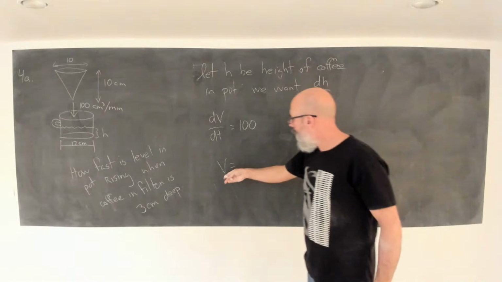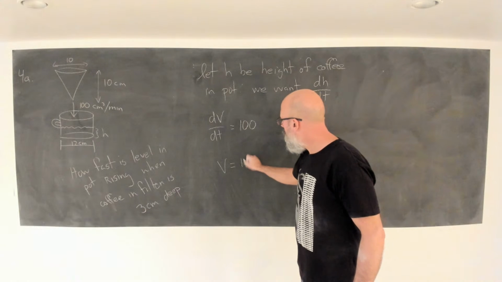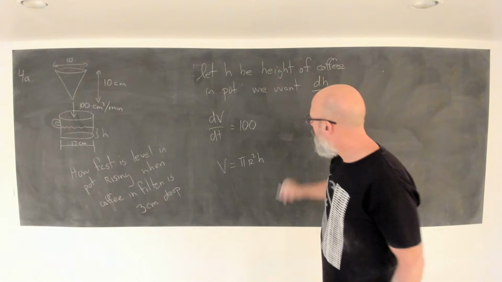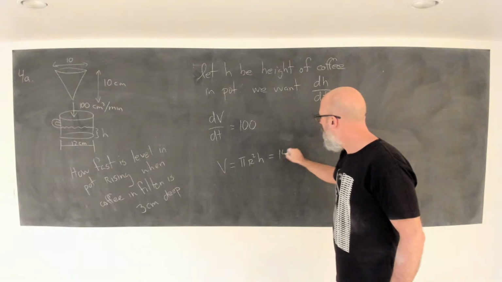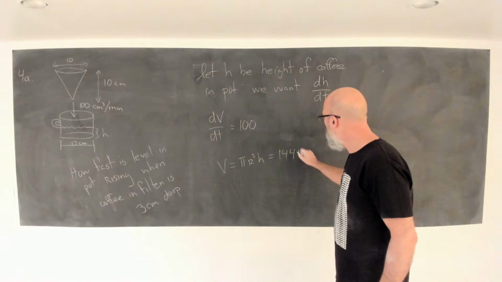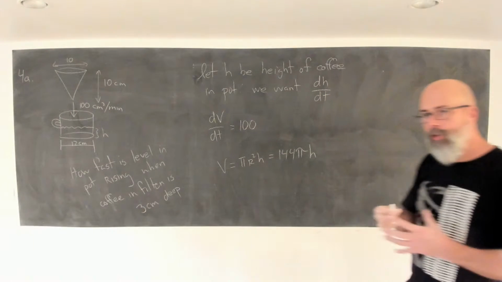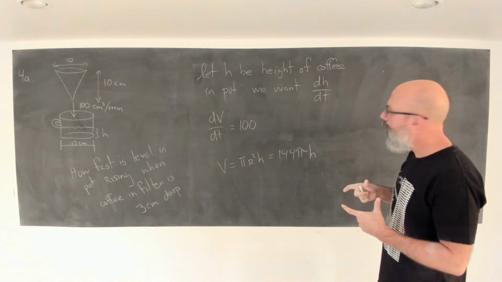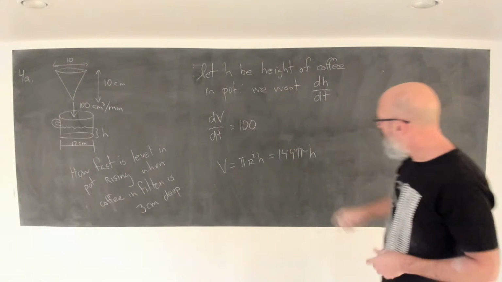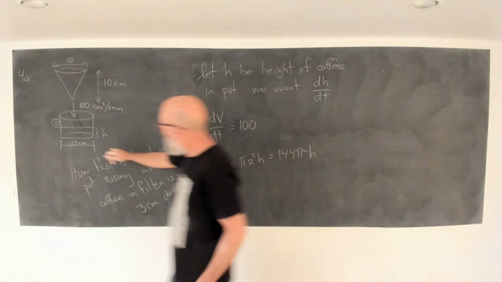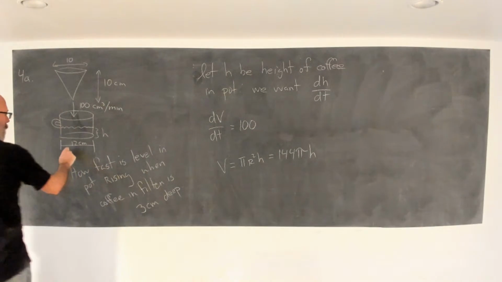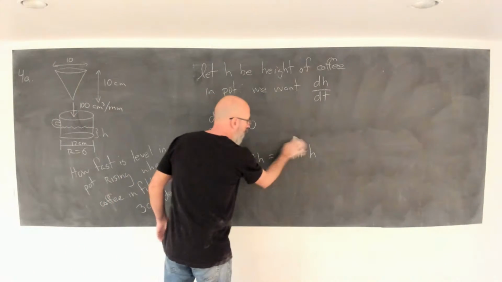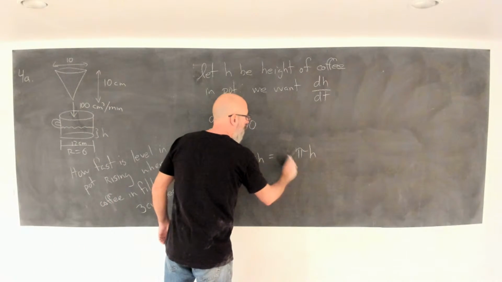So the volume of a cylinder is pi r squared h, where r is given to be 12. Thank you, Michael. Sorry, 12 is the diameter. Radius is 6. So not 144, but 36.